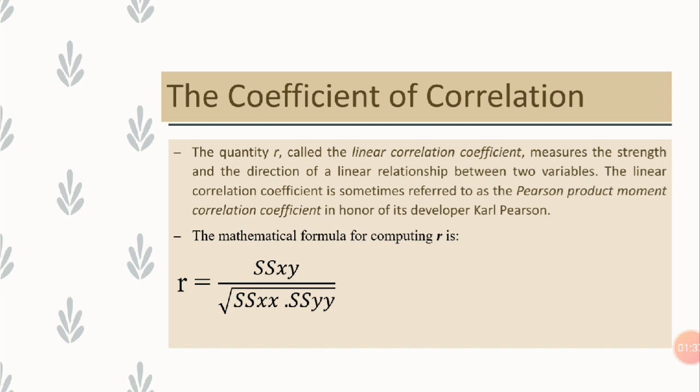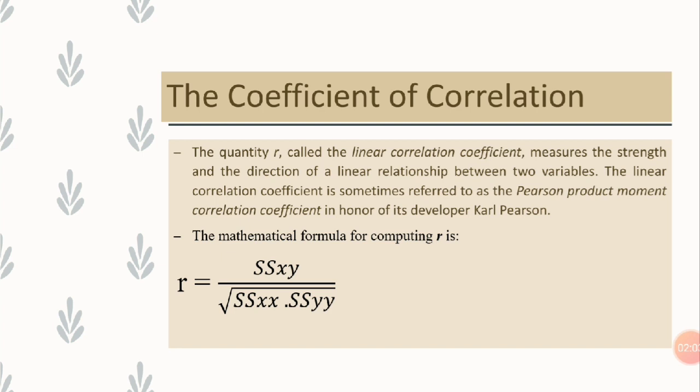Next, the coefficient of correlation. The quantity r, called the linear correlation coefficient, measures the strength and the direction of a linear relationship between two variables. The linear correlation coefficient is sometimes referred to as the Pearson product moment correlation coefficient in honor of its developer Karl Pearson.